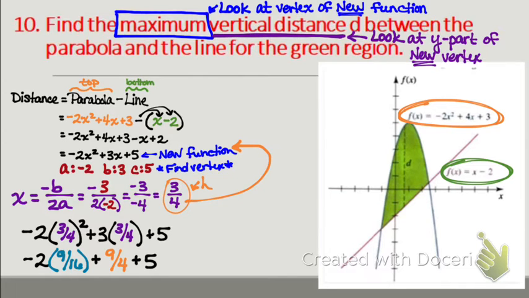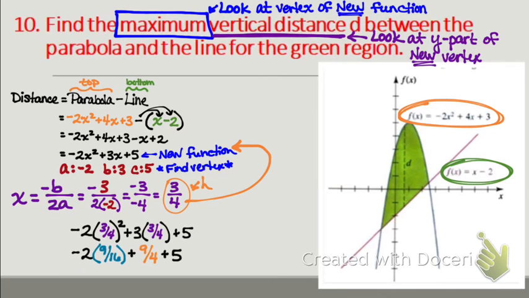Again, what we are finding here is the distance between these. What is negative 2 times 9 over 16? Negative 18 over 16. Will that reduce at all? Instead of negative 18 over 16, I can write that as negative 9/8.